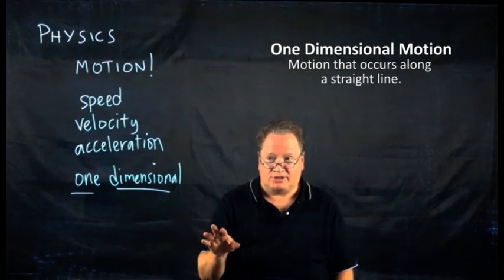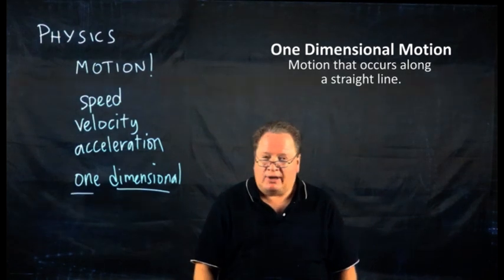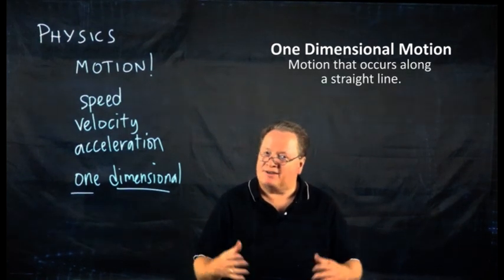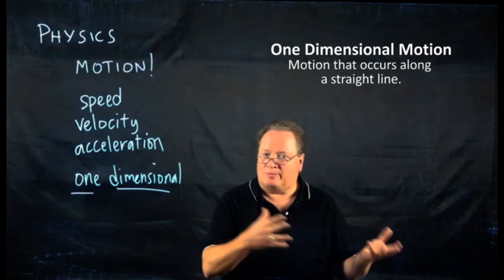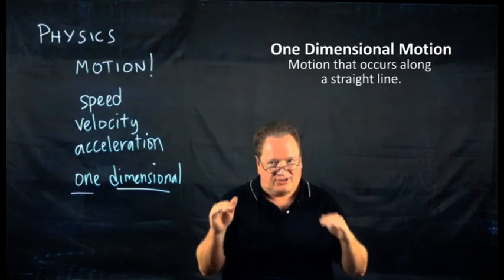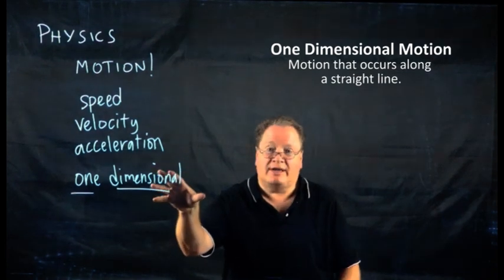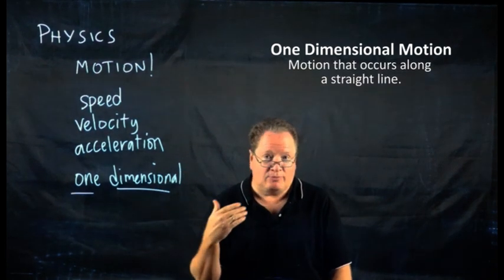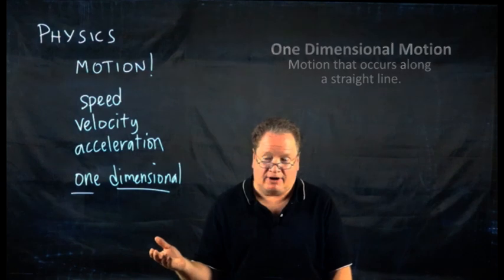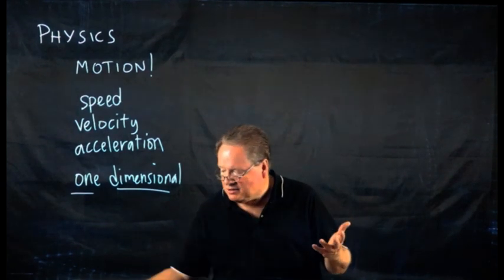Most types of motion have more than one dimension. But we're going to start with this anyway because you never want to start off with a super complicated example. We want to understand the basics, and then we can use our knowledge of one-dimensional motion to help us get to more complex situations.